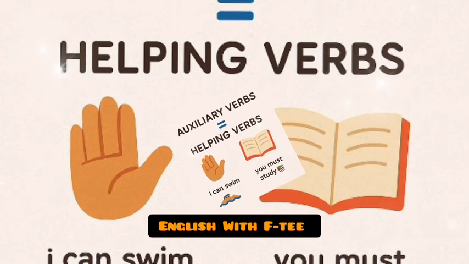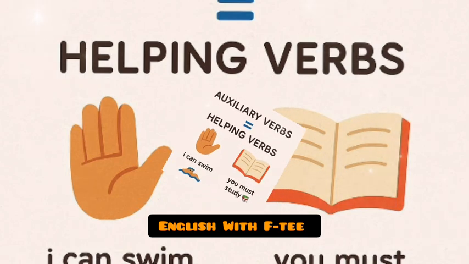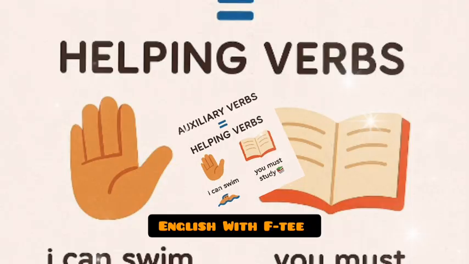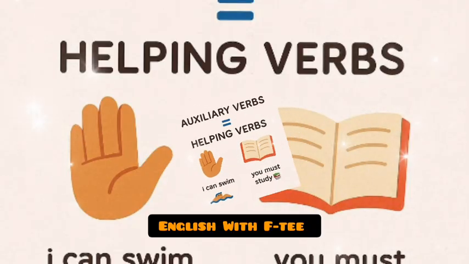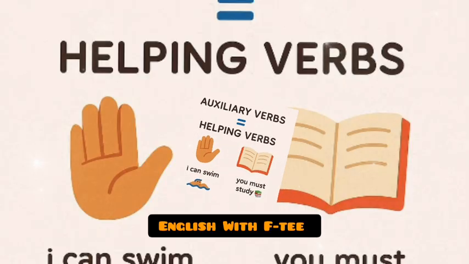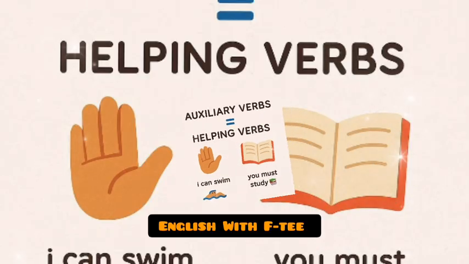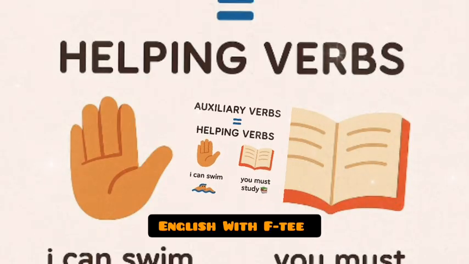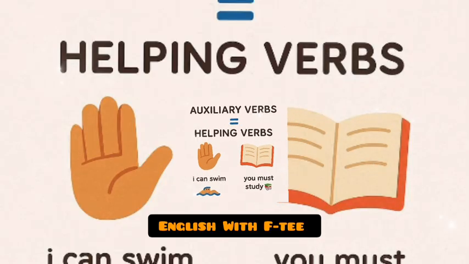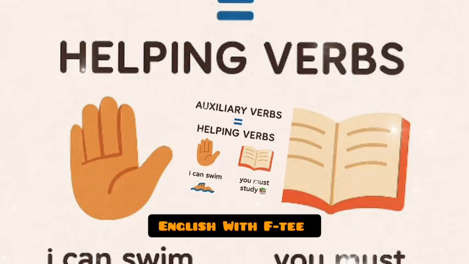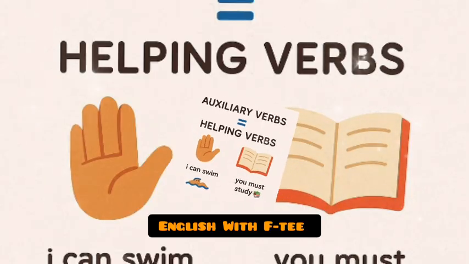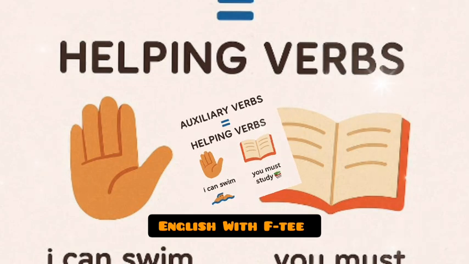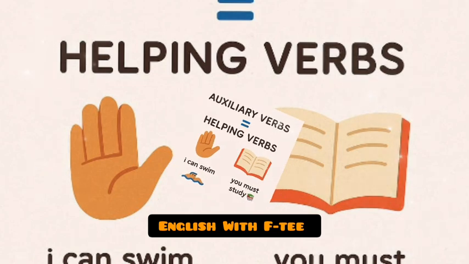Now let's look at the auxiliary verb forms. The three common forms of auxiliary verbs are to be, to have, and to do. Each of these types has multiple forms. So for example, to be: am, is, are, was, were, be, been are the forms of the to be verb.